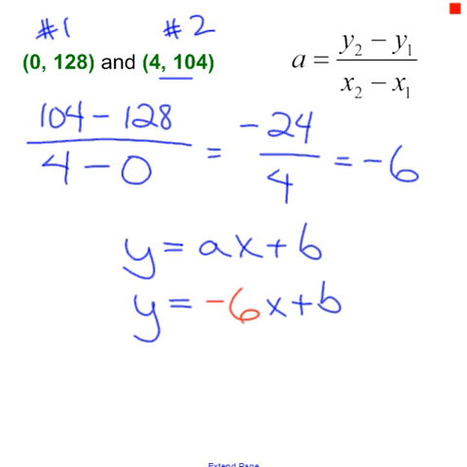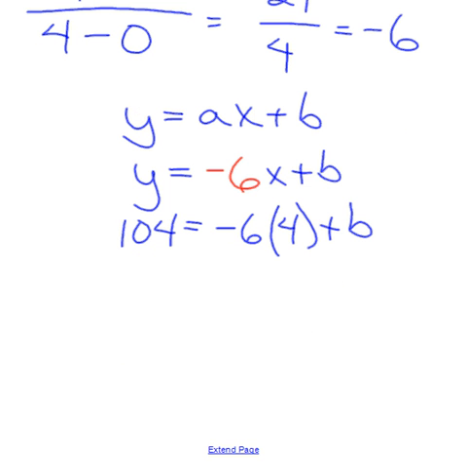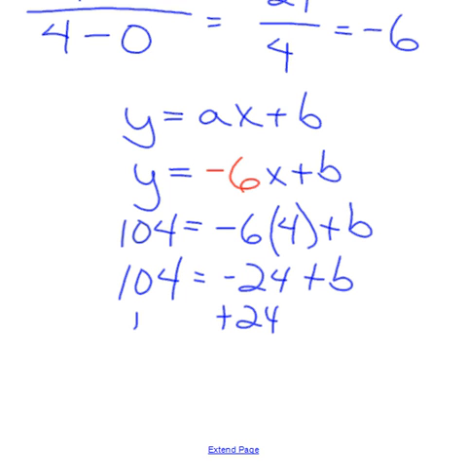So I'm going to put in my y value equals negative 6 times my x value plus b. And now you know how to solve equations. So we do 104 equals negative 24 plus b. So I'm going to add 24 to both sides.